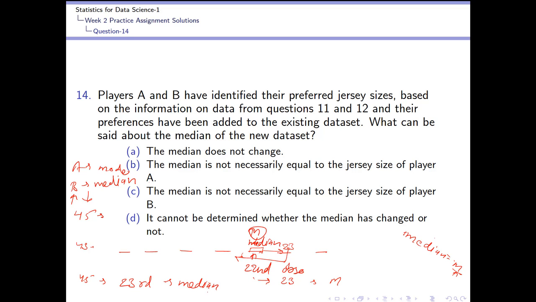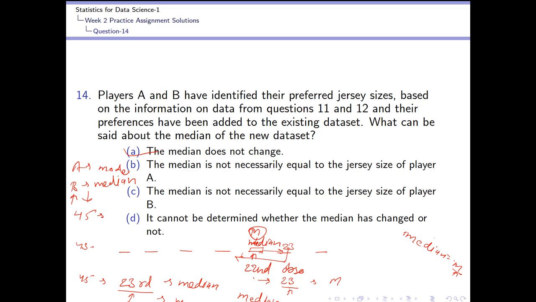And we know that the jersey size at the 23rd position will be your median observation, and in our case the jersey size at the 23rd position is the same as the one at the 22nd position in the earlier data. So the median will not change. So option A is right.